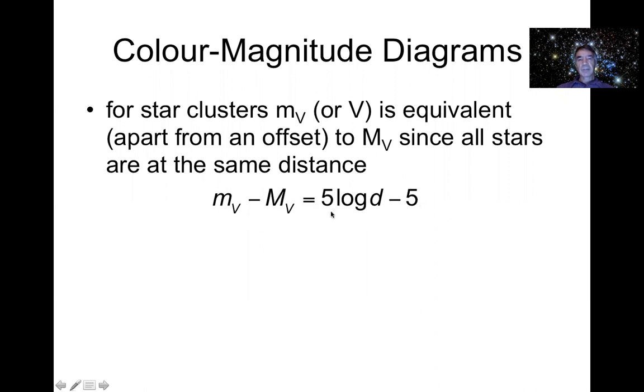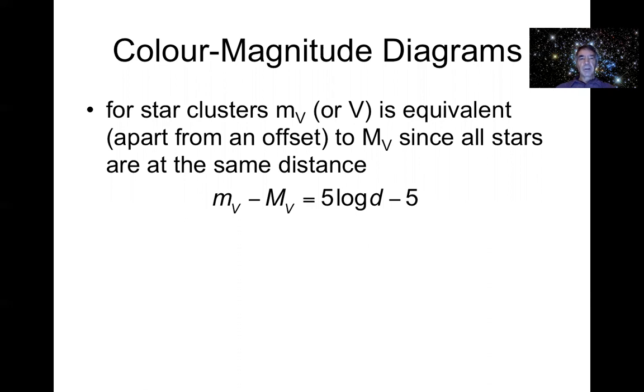That basically just depends on the distance to the cluster. So if all the stars are in this spatially concentrated collection and they're all at the same distance, then this is going to be the same for all of them. So the apparent magnitude will be a good measure of the absolute magnitude in this case, and it will just be different by this offset, which you might see in the textbooks. It's called the distance modulus, but I'm not going to worry about that.